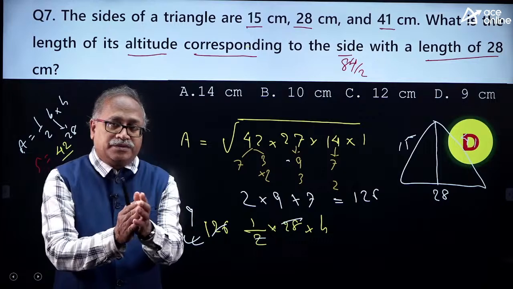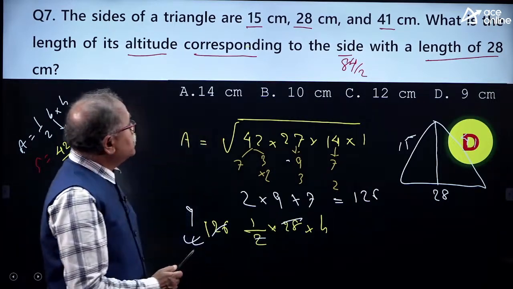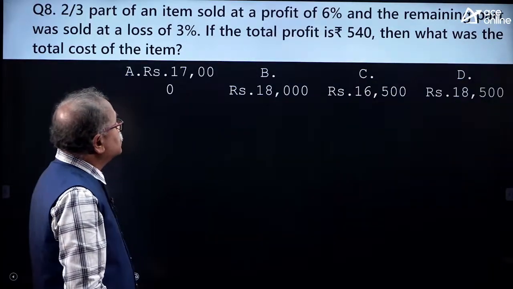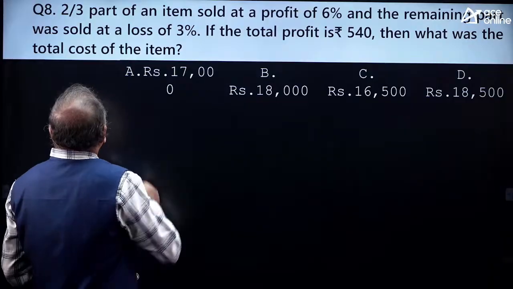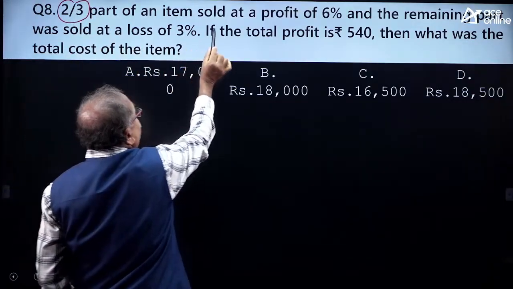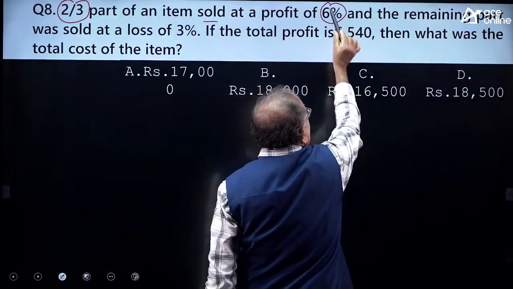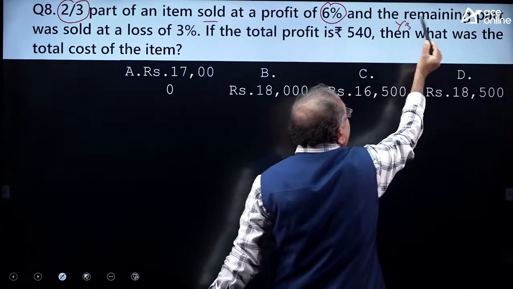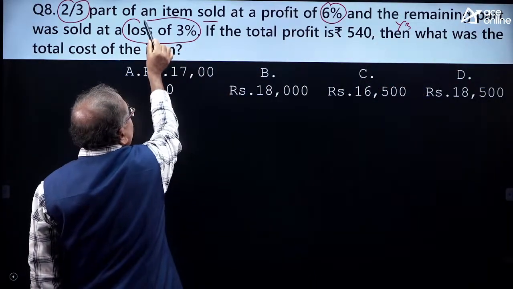So well done, sir. With this we will come out of the triangle questions, and then let's move on to the next part. Aman, you can see here 2/3 part of an item is sold at a profit of 6%, and the remaining 1/3 part is sold at a loss of 3%.